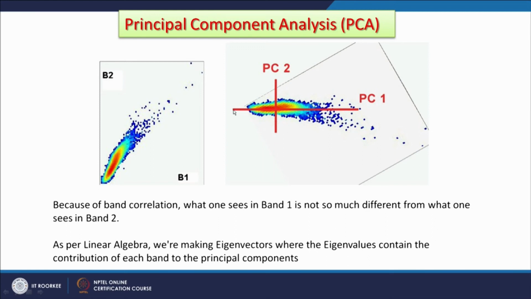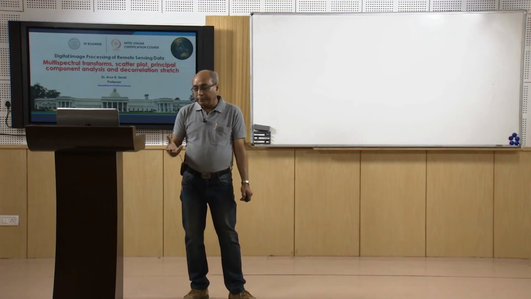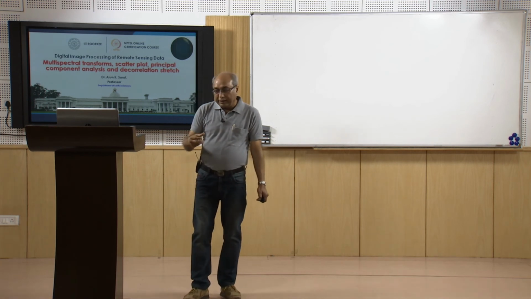The origin is shifted here, and principal component 1 is aligned with the maximum variations present between these two bands, and the next one is PC2, which is perpendicular to PC1.